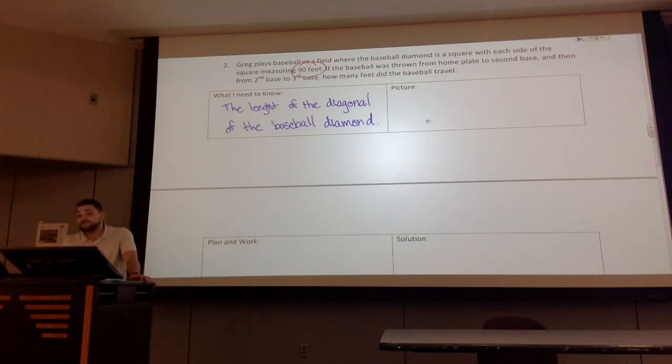So now we can use this information to draw a picture to help represent what we're solving for. Here I'm going to draw a baseball diamond. And then I'm going to draw in my plates that are used in the field, and I'm going to label them.